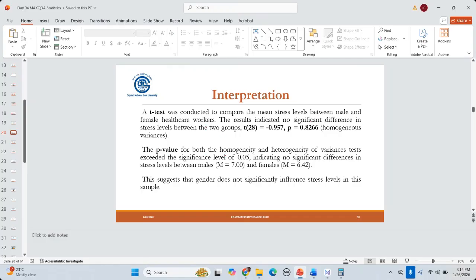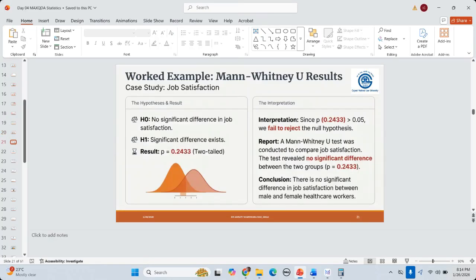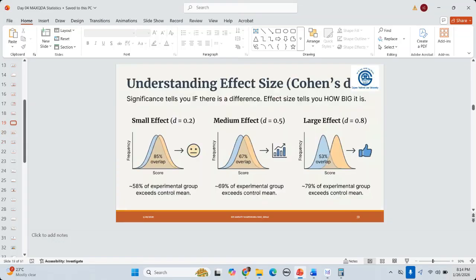The p-value for both homogeneity and heterogeneity of the variance test exceeded 0.05, indicating no significant differences. This suggests that gender does not significantly influence stress level in this sample. With reference to this particular data that we collected, gender does not statistically significantly influence the stress level. There is one more important point.